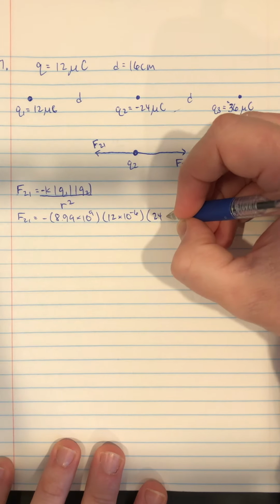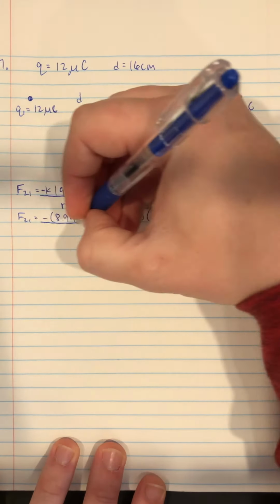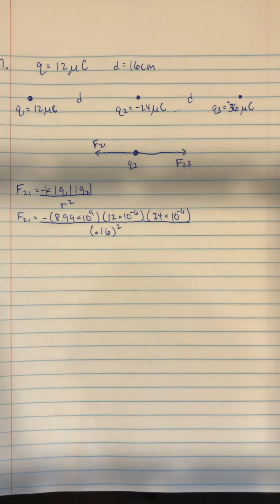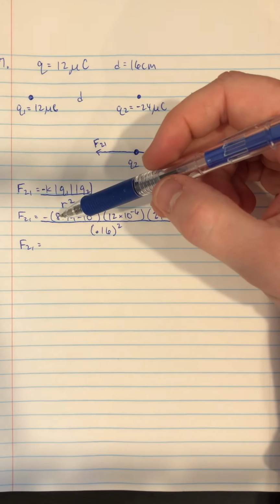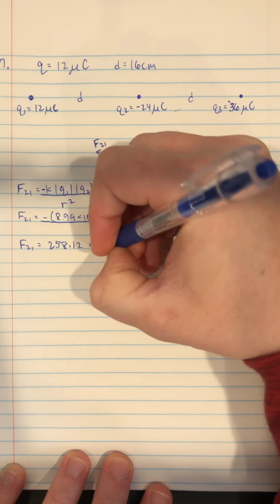Again, absolute value, so it's always positive, times 10 to the negative 6th, divided by centimeters turned into meters, so 0.16 squared. We'll do this one the long way. 8.99 times 12. I don't know why I'm doing this math again because I could just look at the last problem, but whatever. 2,589.12 times 10 to the negative 3rd, right?